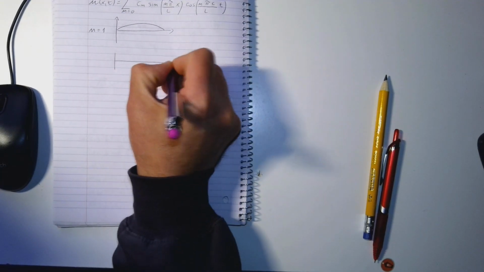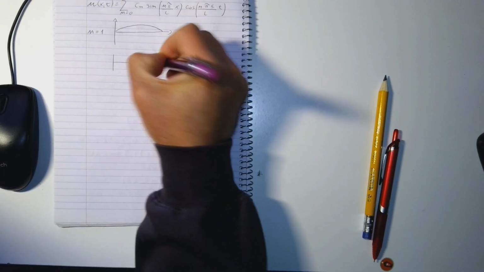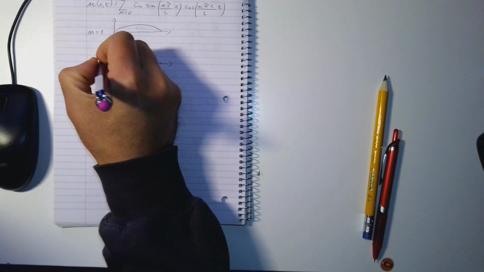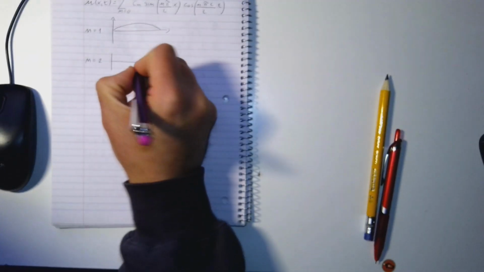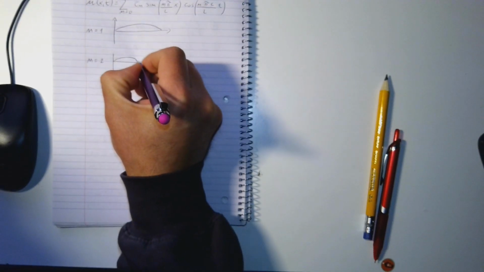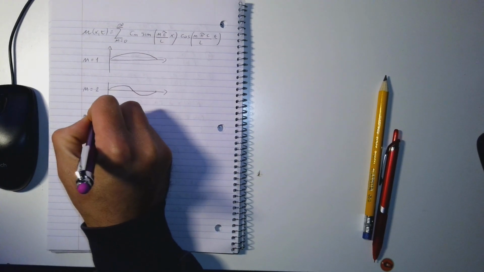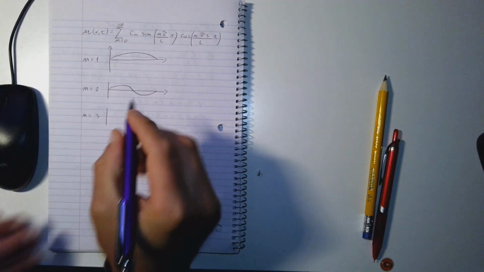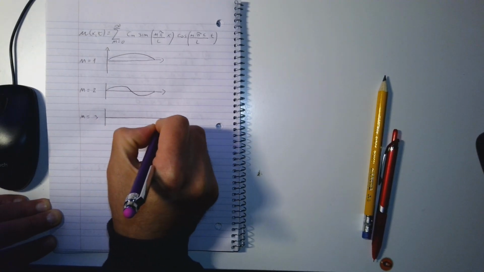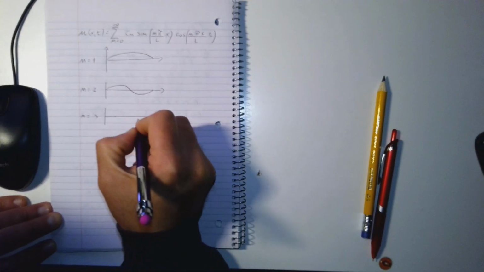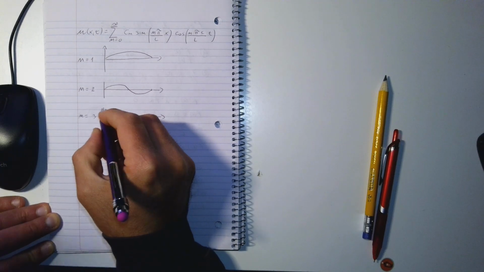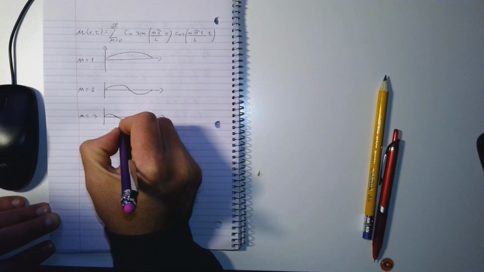If n, so let's try to stay consistent, the same length, so for n equal to 2, the shape would look like this. If n is equal to 3, again, same length, the deformation would look like this, and so on.